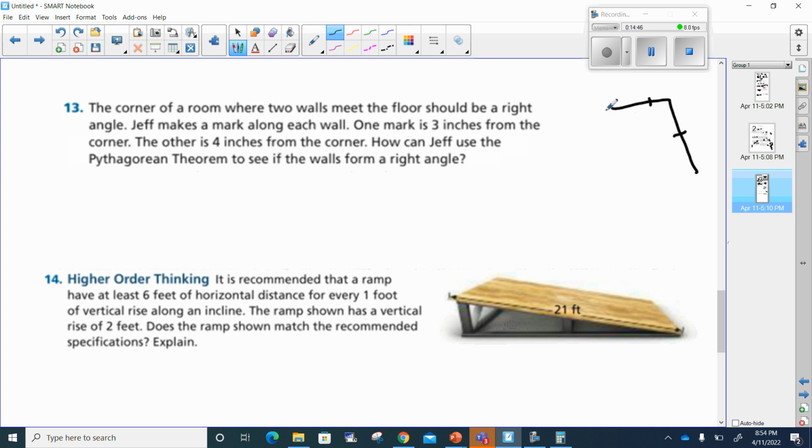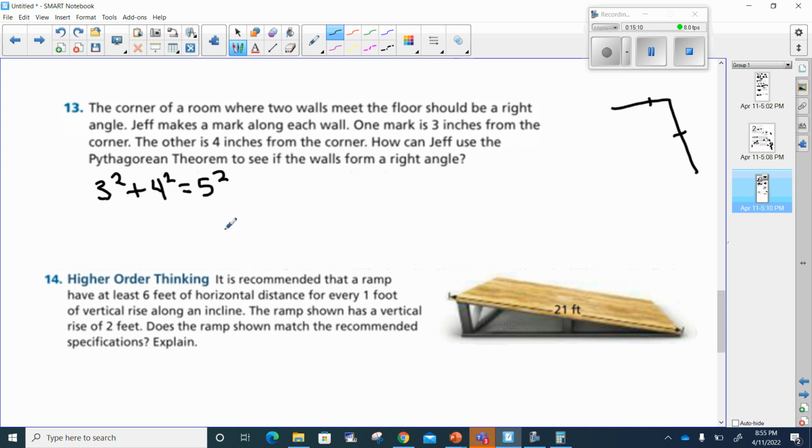Well, this one's pretty easy because most of us have figured out now that if we take 3 squared and add it to 4 squared, we're going to get 5 squared.